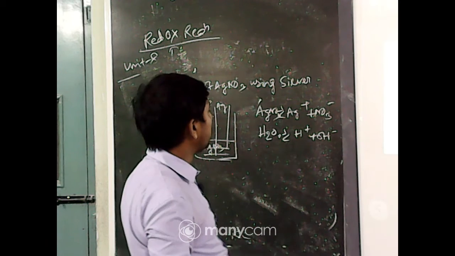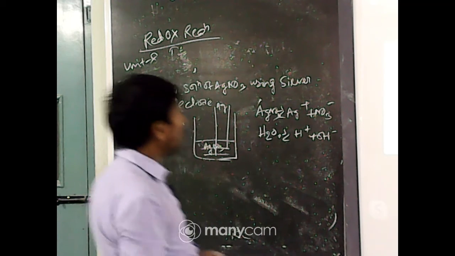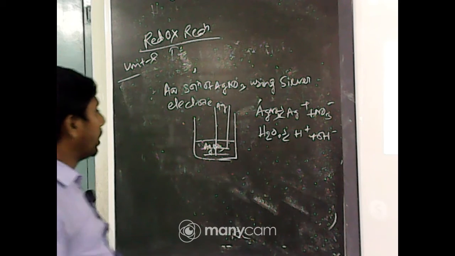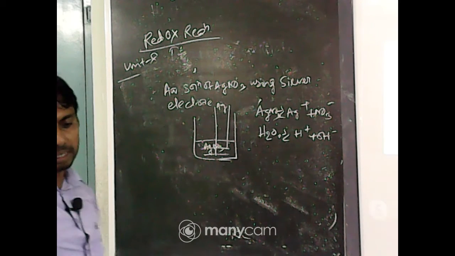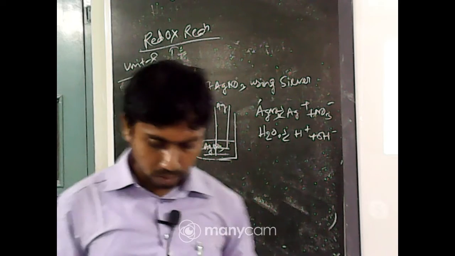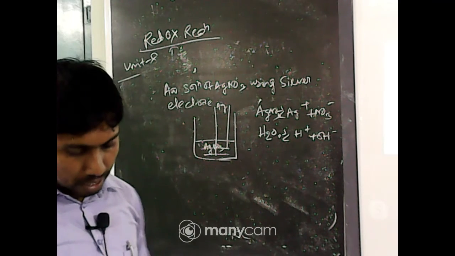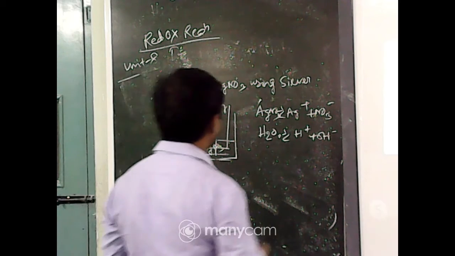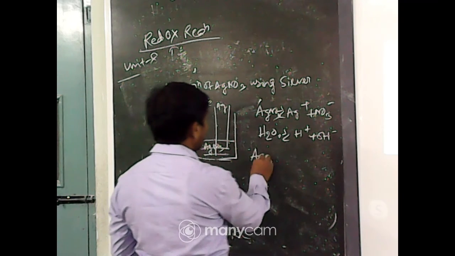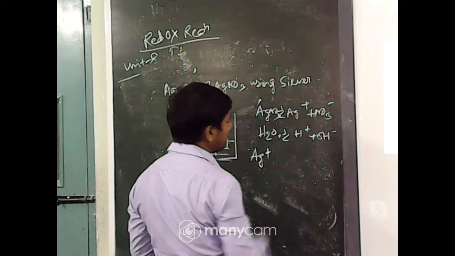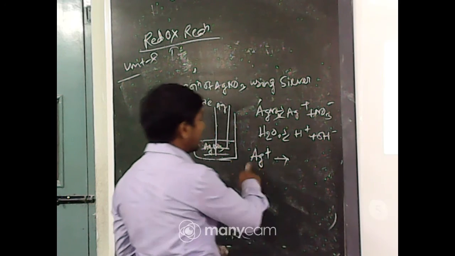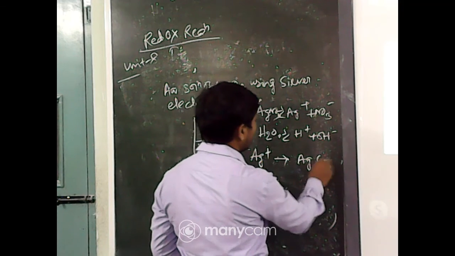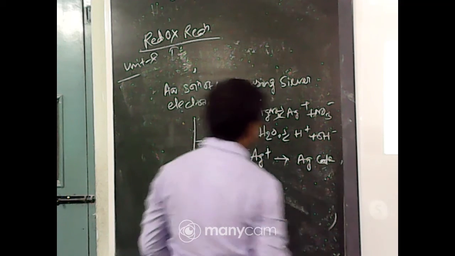Again there is a competition between these ions, that is Ag plus and H plus, and NO3 minus and OH minus. Ag plus has less discharge potential, and as it is a cation it goes to the cathode, so it will deposit on the cathode.